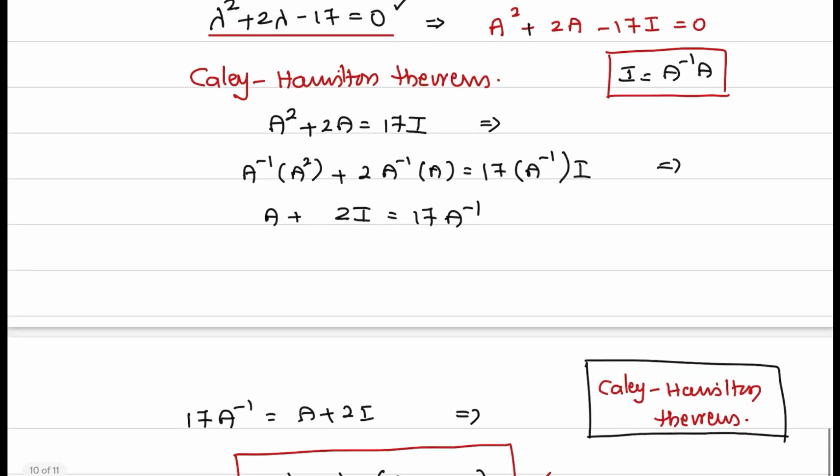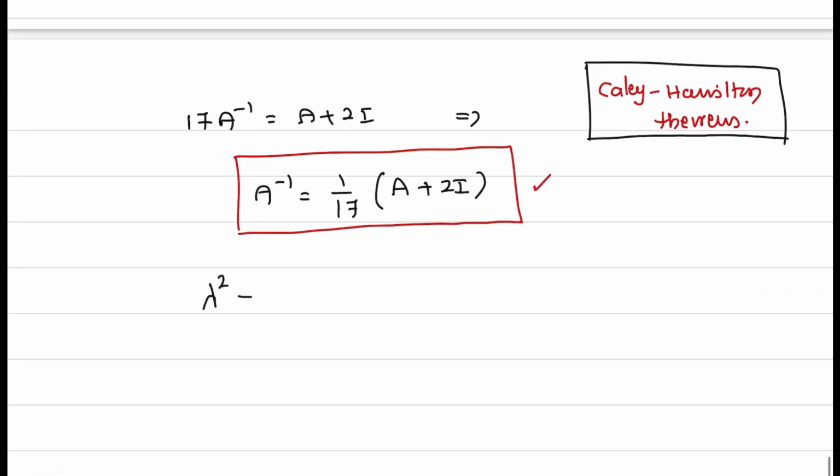Lambda square plus 2 lambda minus 17 is equal to 0 implies lambda is equal to minus 1 plus or minus 3 into root 2. Apply the formula: minus b plus or minus square root of b square minus 4ac by 2a.